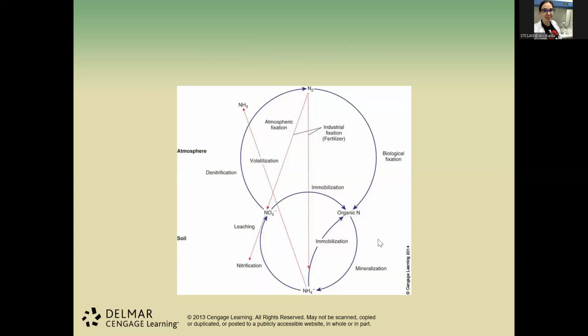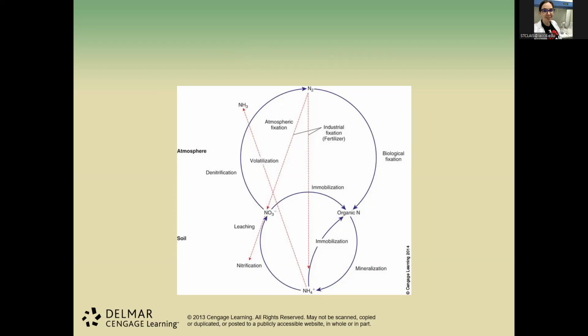We can start with our diatomic nitrogen, which is the N2. The N2 is going to be fixed by microorganisms. We can have biological fixation that occurs, for example, with our rhizobium bacteria that perform this function of nitrogen fixation, and they form a beneficial relationship with the legume plant roots.